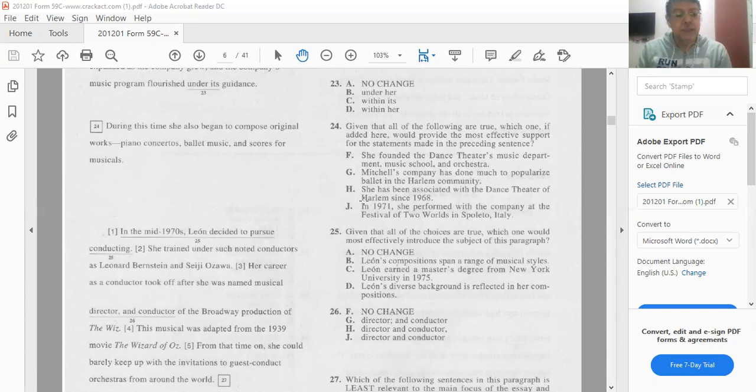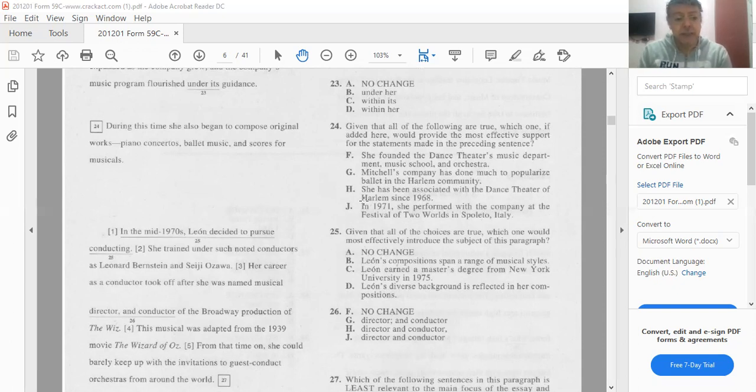Okay, moving to 26. Let's read 26. Her career as a conductor took off after she was named musical director and conductor of the Broadway production of The Wiz. Okay, so here it uses a comma before and there are choices of using a semicolon or a comma after conductor. In fact, we don't need any punctuation here.